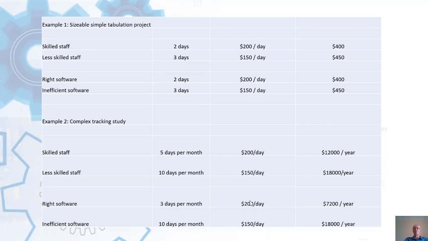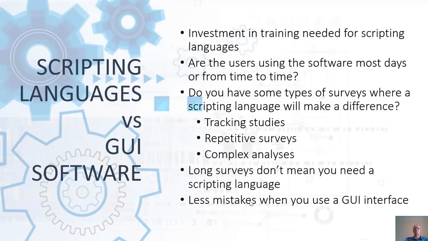That's probably more than the cost of the software just on one project, and that's something that probably isn't considered enough, the cost benefit when it comes to tabulation software. And of course, these figures are fabricated, but they give you, I hope, some thoughts on how you can cost and look at your costs and whether you need, and what type of software you need.